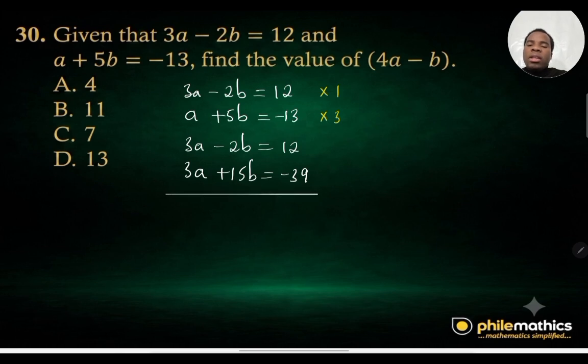3a minus 3a is 0, minus 2b minus 15b is minus 17b, and 12 minus 39, that means 12 plus 39 will be 51.